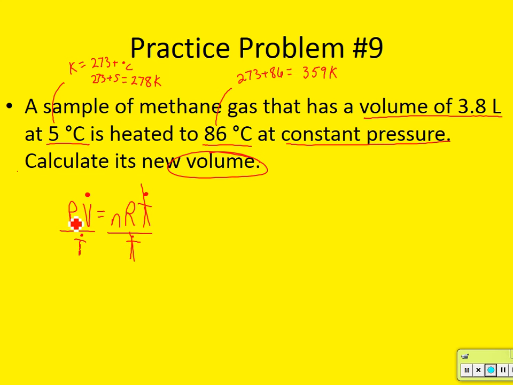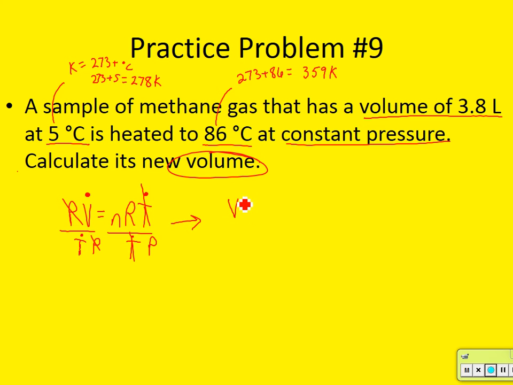Now, I've got pressure that's not changing. I want it on the other side of the equal sign. How do I get it on the other side? We're timesing here, so what do I have to do to take it out? Divide by P, both sides. Over here, it cancels out. And so it's getting a little messy. Let me rewrite this to what I've got now.